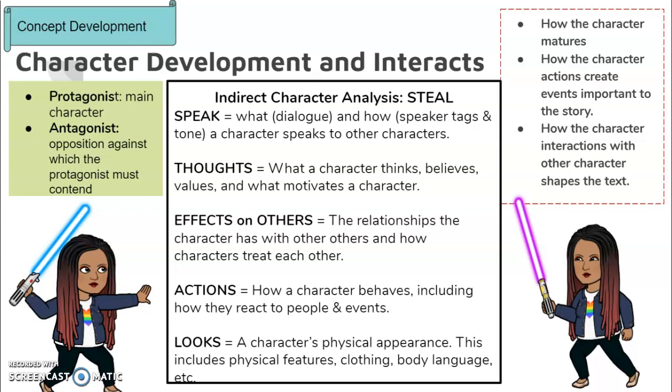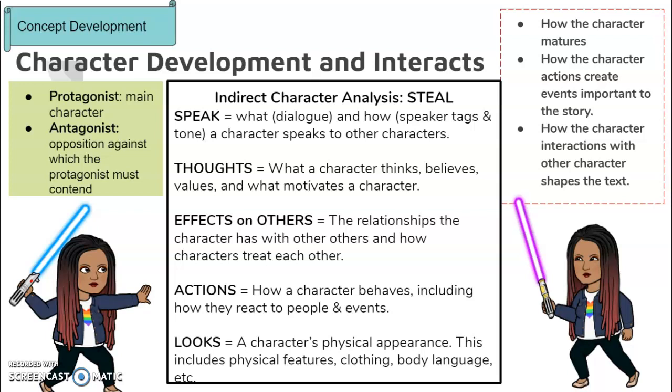So basically, what we're talking about is character development and interactions. When we're talking about character development, we're talking about how the character matures. Again, we're talking about how the character changes from the beginning of the text to the middle of the text, to the end of the text.